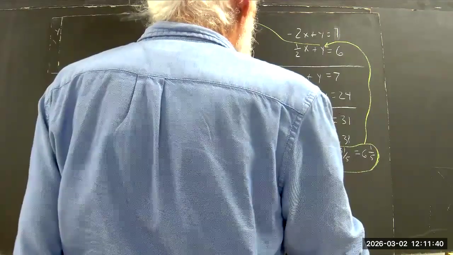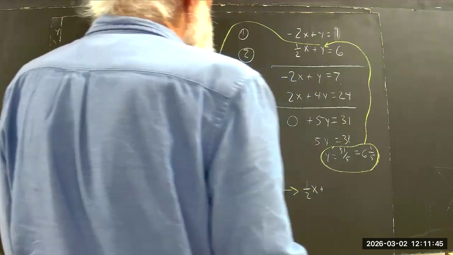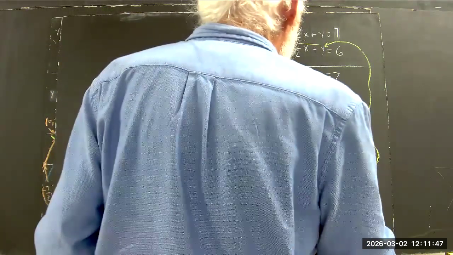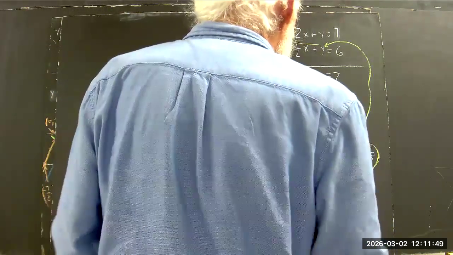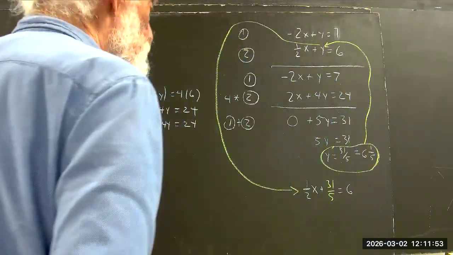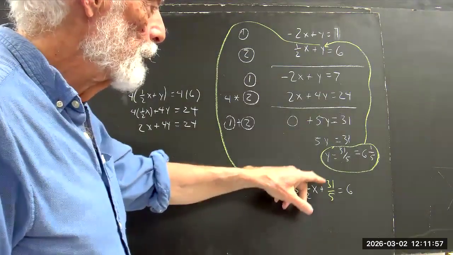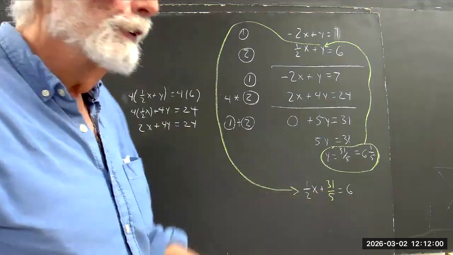The original equation is 1/2 x plus y, but y is 31/5. And that's equal to 6. So now we have the equation 1/2 x plus 31/5 equals 6.